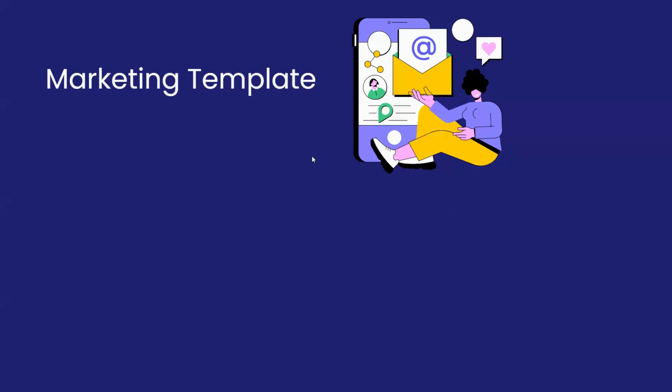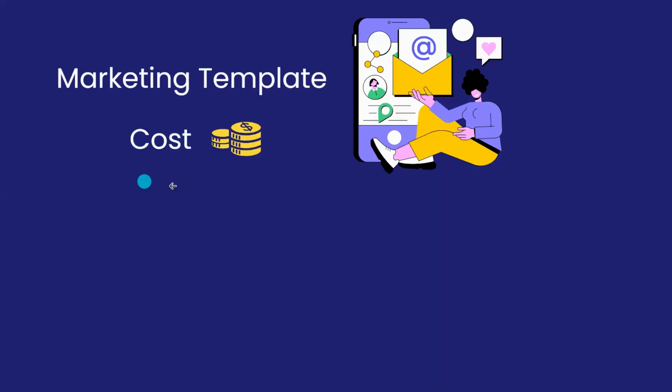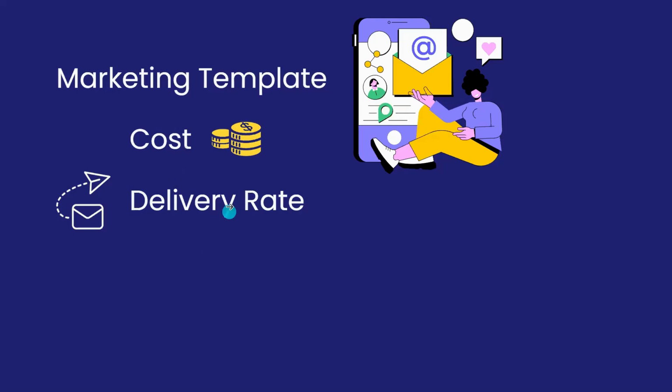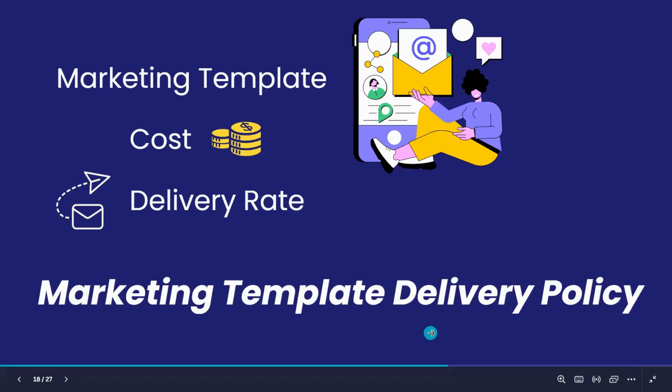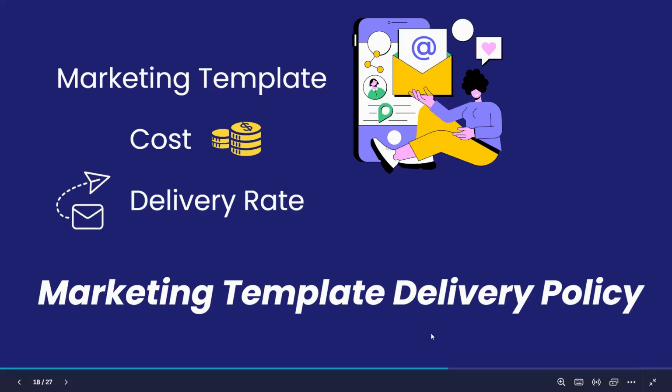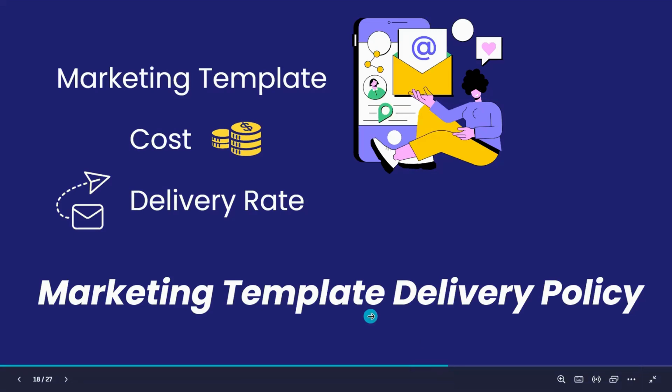So coming to a marketing template, we see the cost is also higher comparatively, and the delivery rates are also decreasing. Why is the delivery rate decreasing? In the sense, there is a marketing template delivery policy. What does it say? WhatsApp limits marketing messages to the users who aren't engaging.